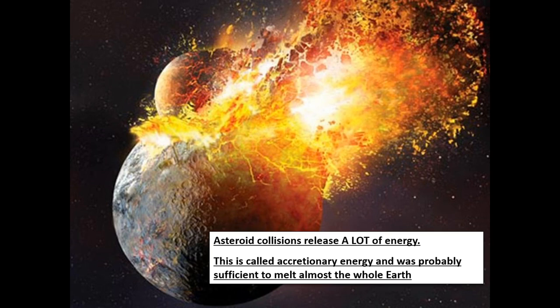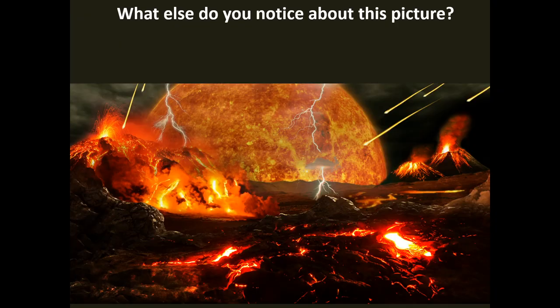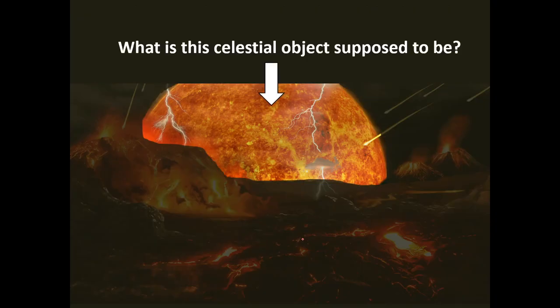So it spins in the opposite direction of the other planets, okay? We think the reason that it does that is due to a major collision, a planet-sized collision. So that accretionary energy was probably sufficient to melt almost the whole Earth. There was a lot of energy being released, a very hellish, melting, volcanic landscape, right?